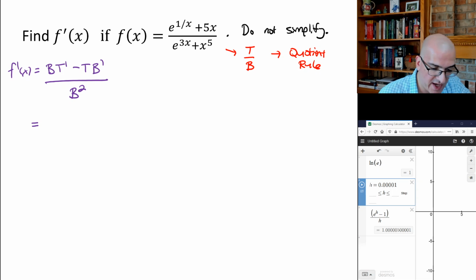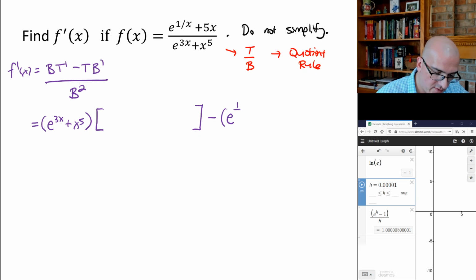So some of the pieces we have for free. The bottom function I'm going to plug in right away. E to the 3x plus x to the power 5. The t prime piece, I'm going to leave a big box for that. Minus the t piece, e to the 1 over x plus 5x. And then the b prime, I'll leave a box for that one.